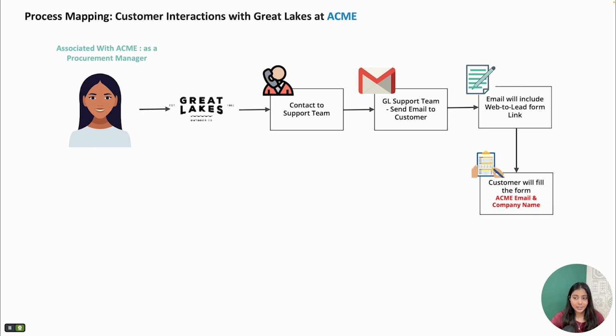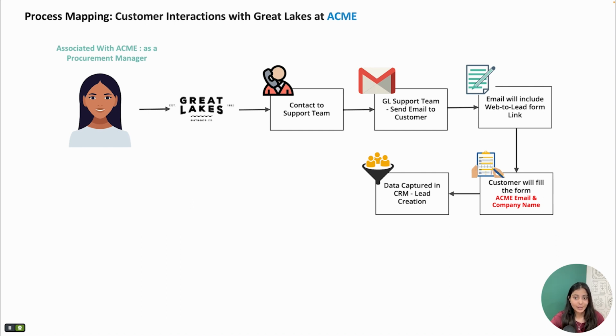In the email and company name fields, she fills in data related to her current company, Acme, and the rest is her personal data. When she submits this form, the lead Millie gets captured into the CRM of Great Lakes.